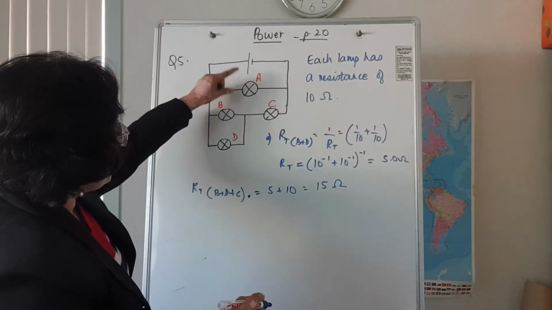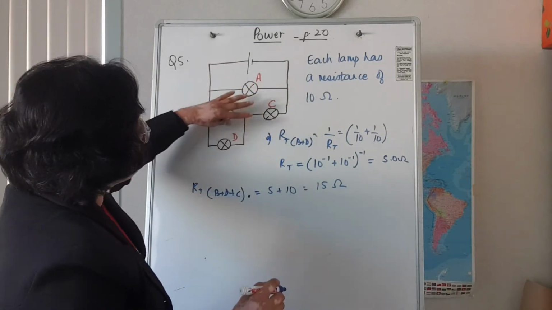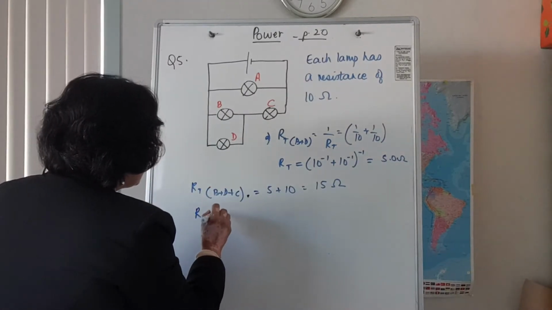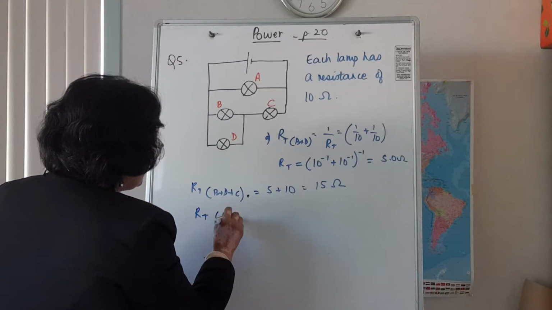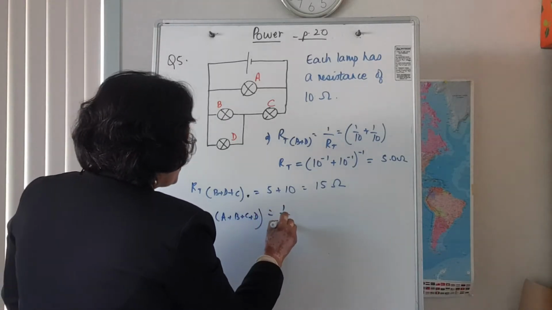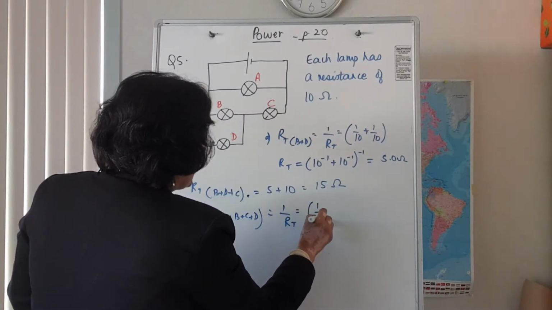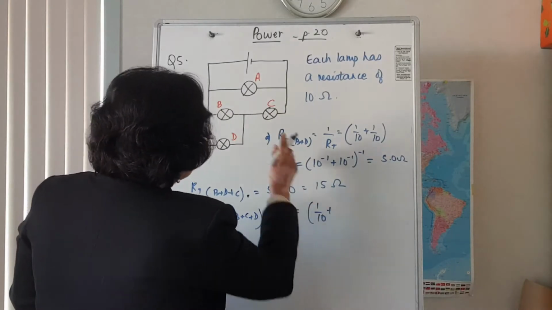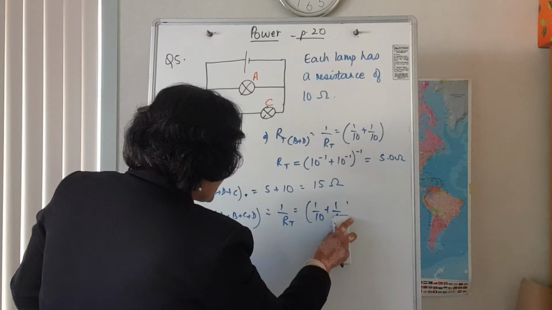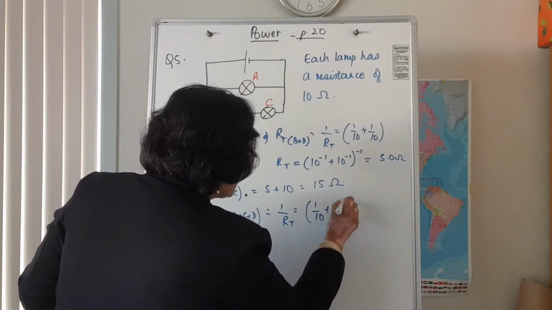Now you're going to find the resistance of the whole thing. A is in parallel with this 15 ohms. So for the total resistance of the circuit, 1 over RT is equal to 1 over 10, because A is 10 ohms, plus 1 over 15. You're going to get a number which is smaller than 10, isn't it?